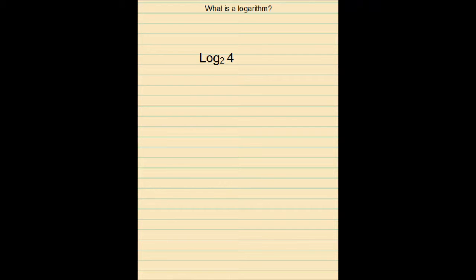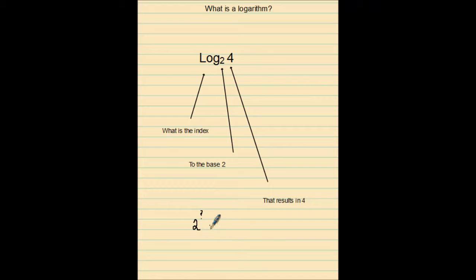One that's a little trickier, but the method exactly the same. What is the index? To the base 2, that results in 4. And again, this is where I've mentioned your prerequisite with indices needs to be good, because actually I can see the index here is going to be a half, because I'm going to be taking the, no it isn't, it's going to be 2.